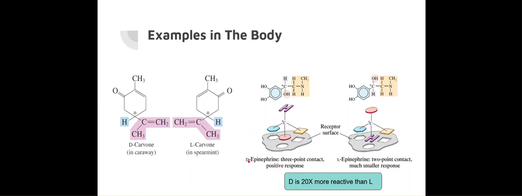In the D configuration, all three of these points will connect to the receptor surface in your body. This is why it's 20 times more reactive than the L configuration, because in the L configuration you now have this hydroxy group up instead of down, and you're only getting this portion and this portion to be the correct match for the receptor in your body.